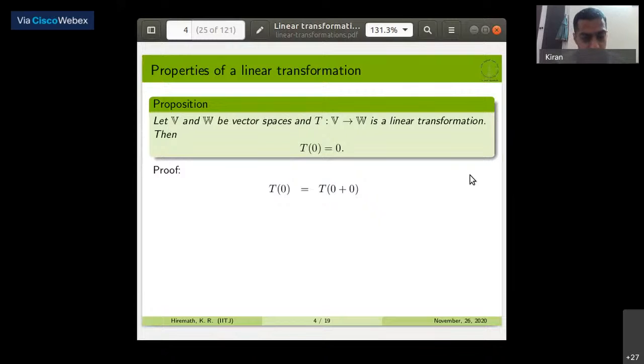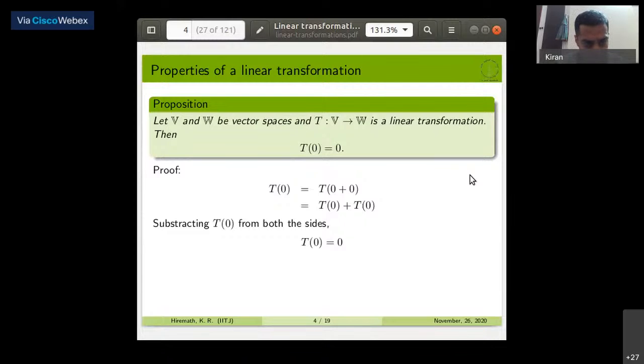If I add it to any element, I get the same element, which may be that element itself. Okay, what is the next step? Linearity of T. Yes, this should immediately pop up in the mind. Use the linearity, then cancel T of 0 on both sides, which gives you T of 0 is equal to 0.